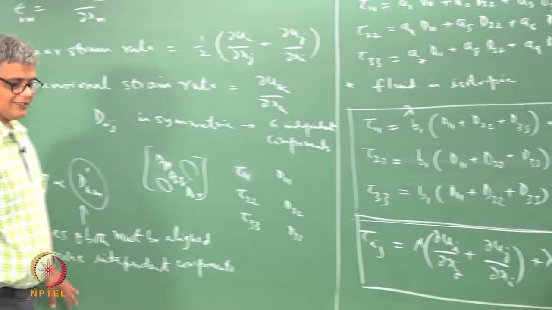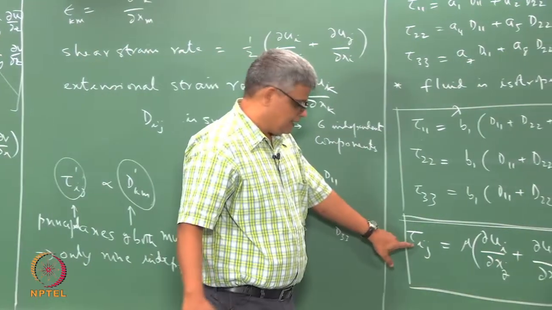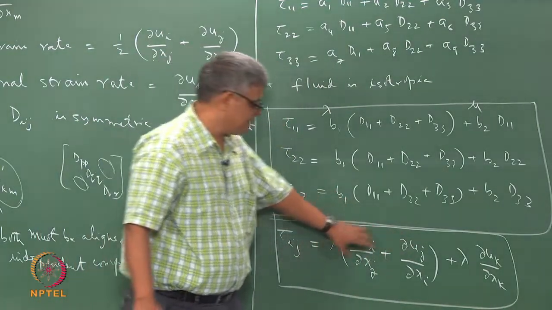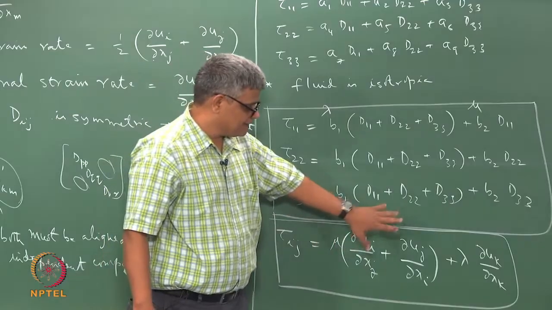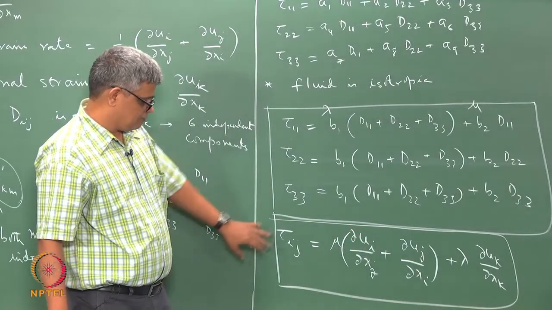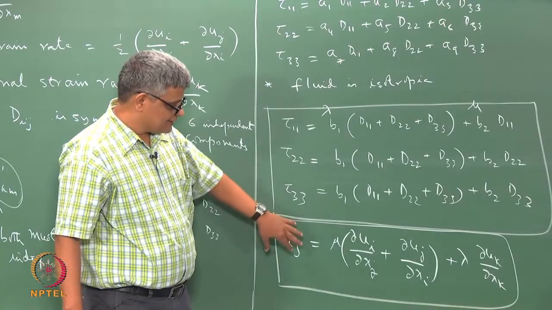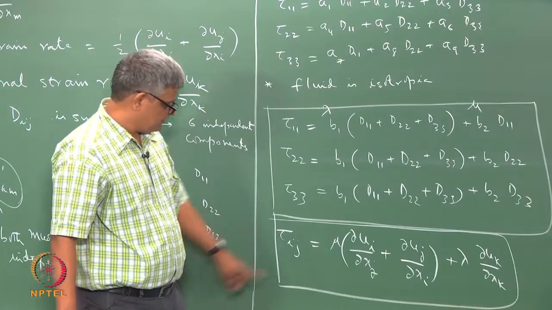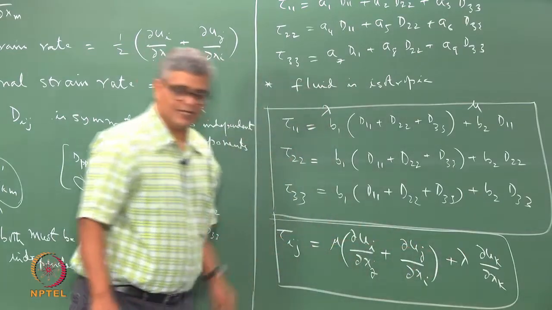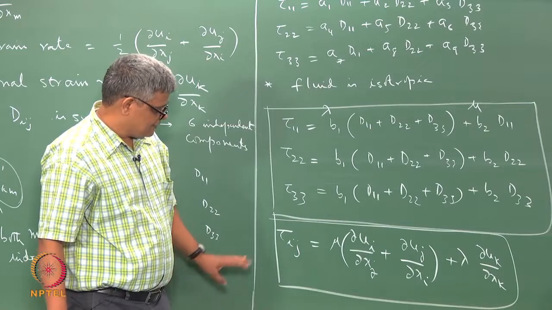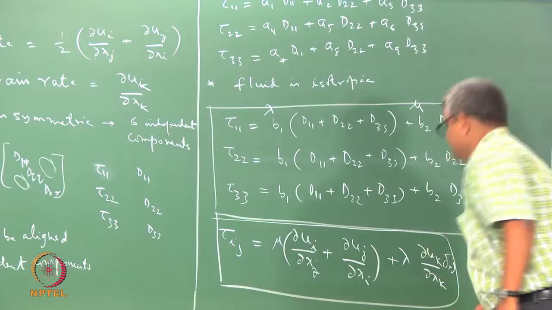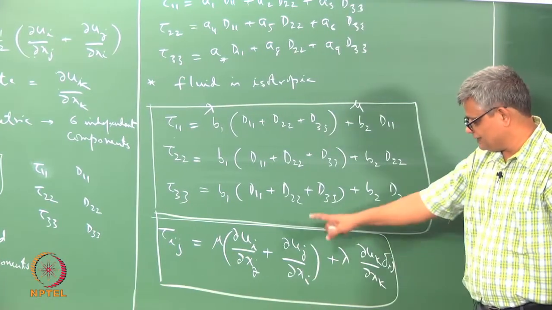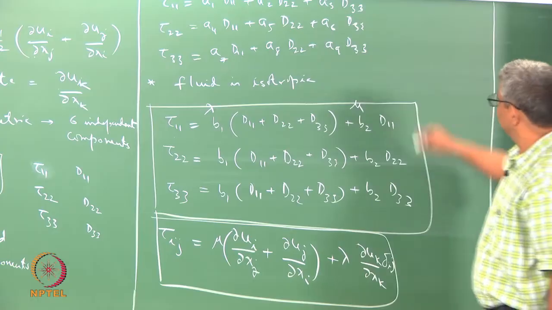This is a relation between the stress induced by the relative motion and the deformation strain rates, and that relation is linear and it is for an isotropic medium involving the two coefficients mu and lambda. So this is the expression that we have.